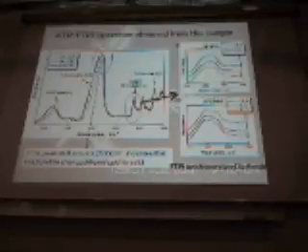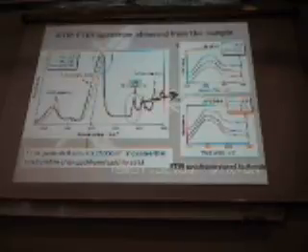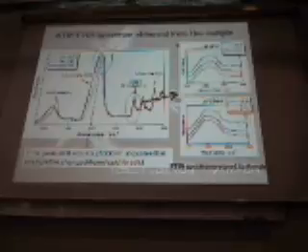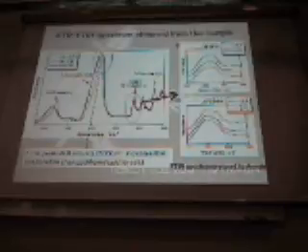There are many kinds of structures for protein, and this is a composition of different peaks like this. Each peak relates to different structures, conformations of the protein.